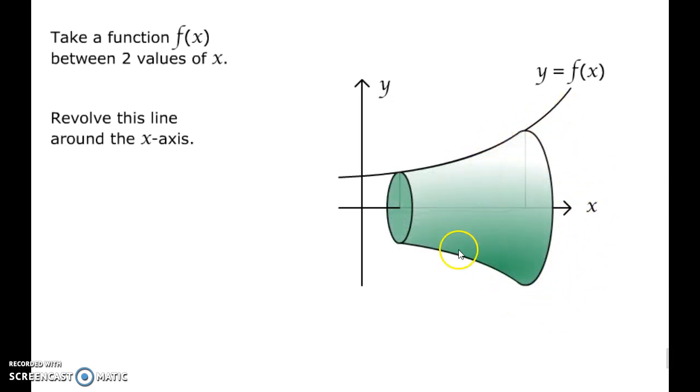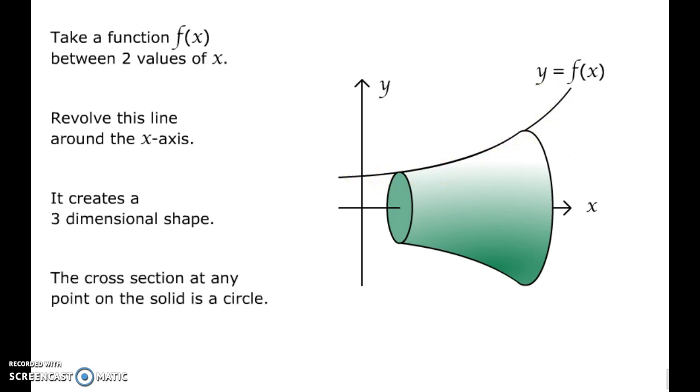Our curve is rotating about the x-axis, and a three-dimensional solid is formed, and the shape depends on the curve. You understand cross section. This is the cross section area, which will change as you change the values of x.